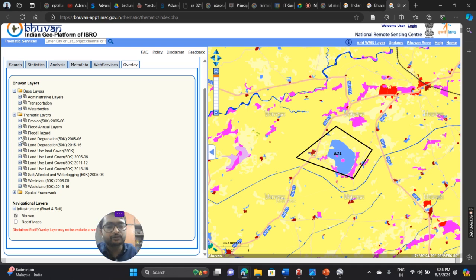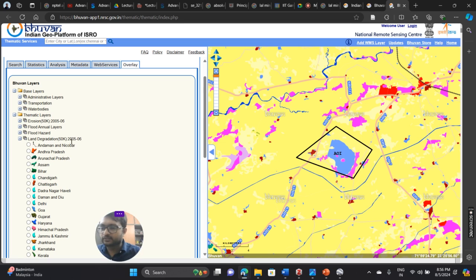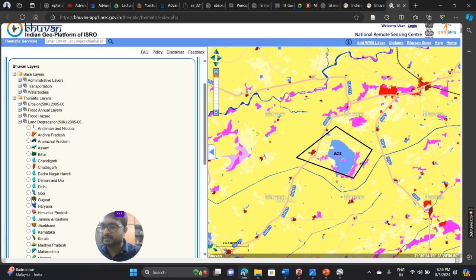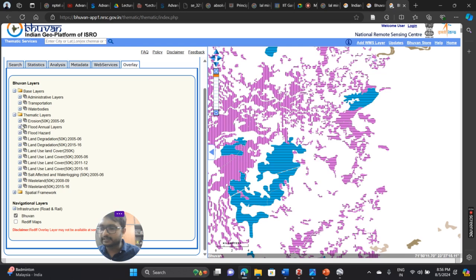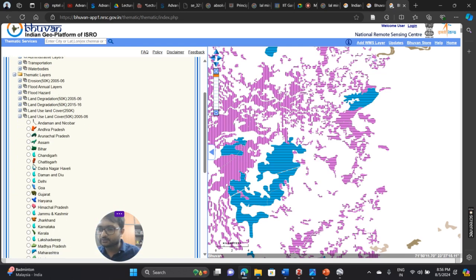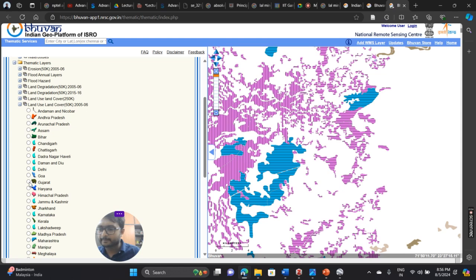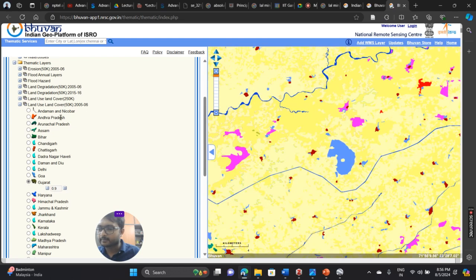So this is from 2015-16. What we can do for Gujarat is put the layer of 2005-6. So this is land degradation. We need land use land cover. So this is the data.